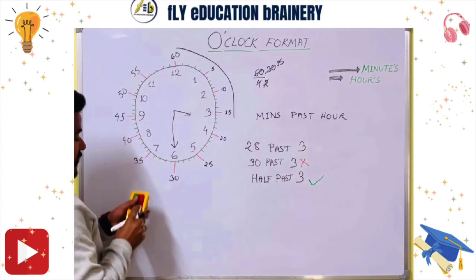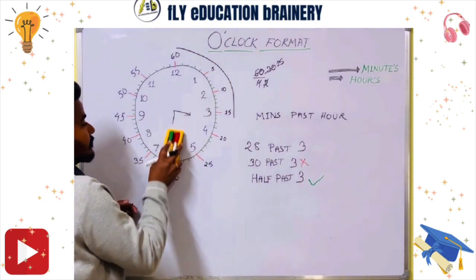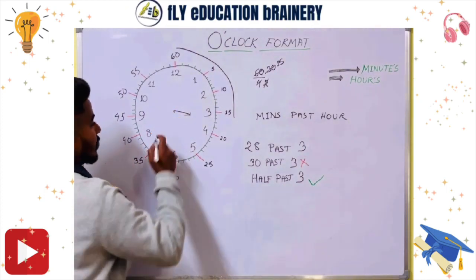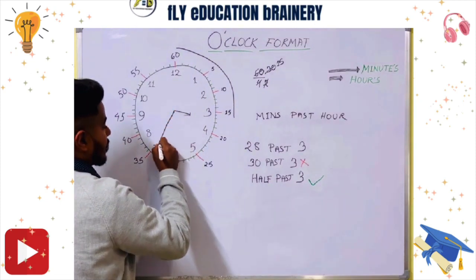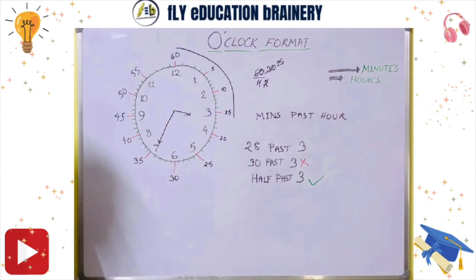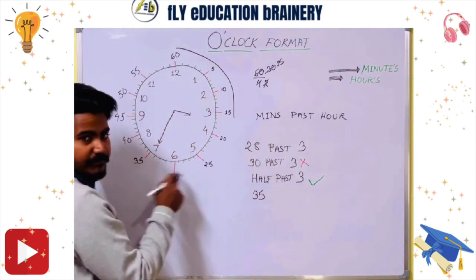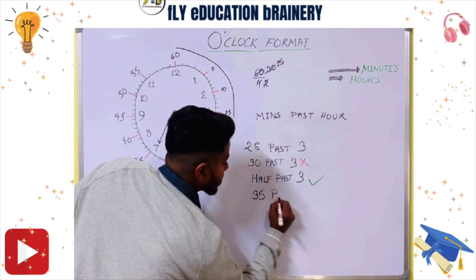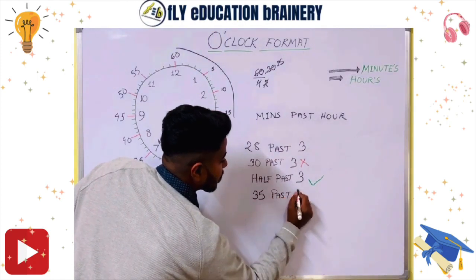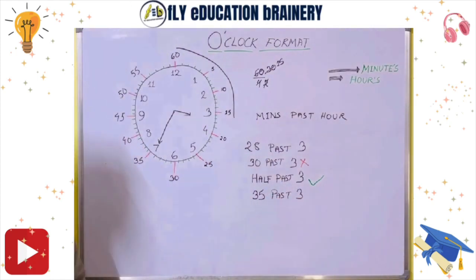Like suppose the time becomes 3:35, then we can write 35 in place of minutes past 3. Okay, we can write it.